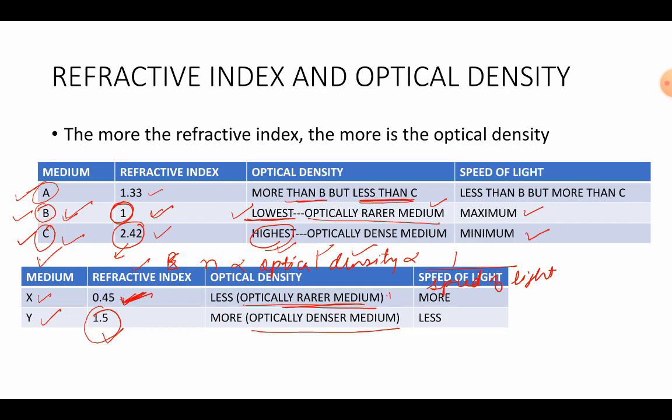So since it is an optically rarer medium, the speed of light will be more in the medium x, and since y is optically denser medium in comparison to x, the speed of light will be less in that. So it's a very important relation, that refractive index is directly proportional to the optical density.